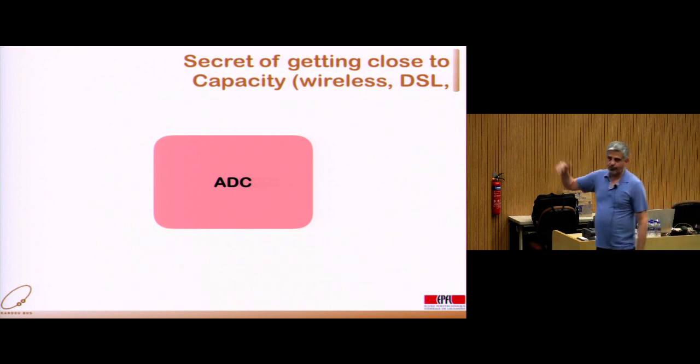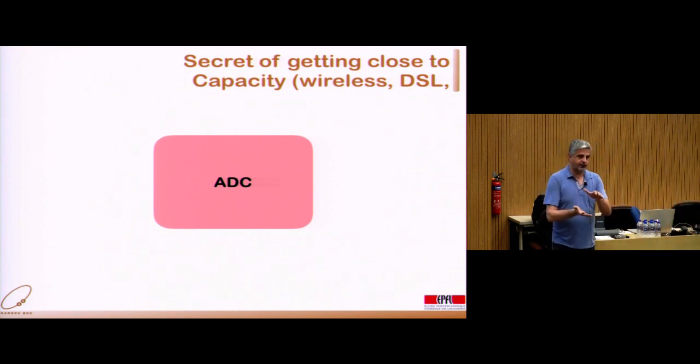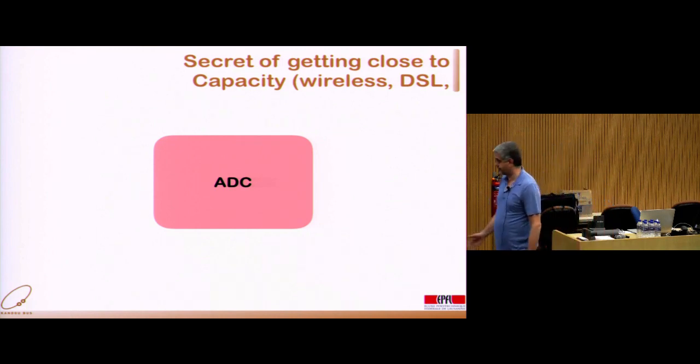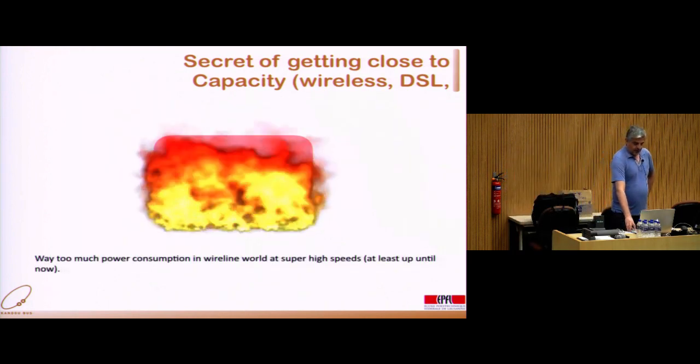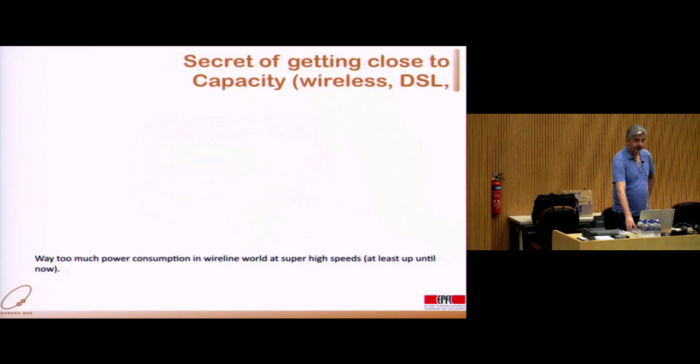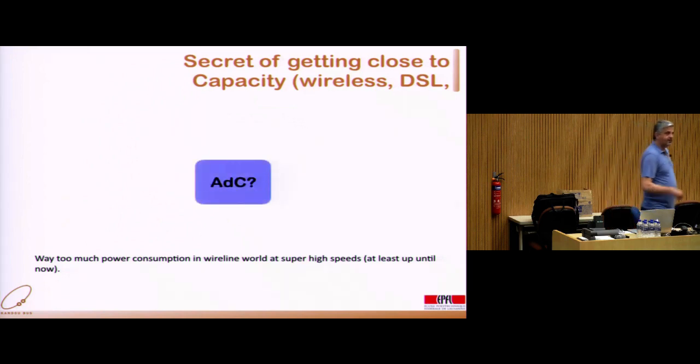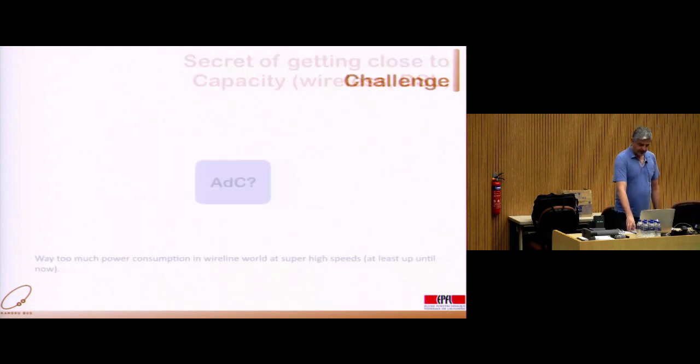However, in the chip-to-chip world, this ADC itself, because of the high speed, has so much power that nobody can actually use it. So you have to just get rid of it. Maybe you want to have something, an analog to digital converter, where the analog part is bigger than the digital part. That's perhaps the right thing to do. And that's one of the things we're doing with these Chordal codes.